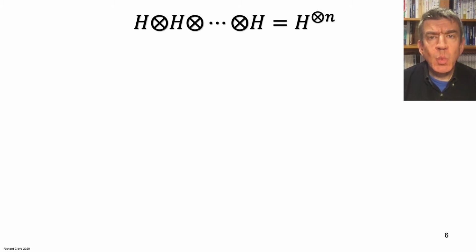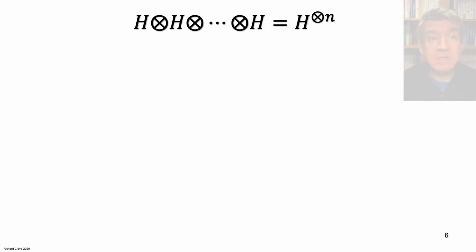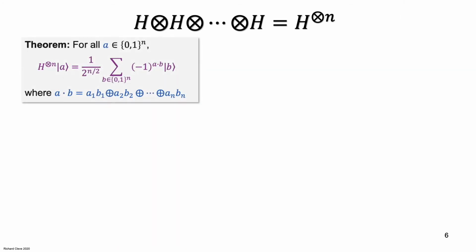But what about applying this to other computational basis states? It turns out that there's this nice expression for applying an n-fold tensor product of Hadamards to computational basis state ket A. It's a uniform superposition of the computational basis states, but with certain phases.